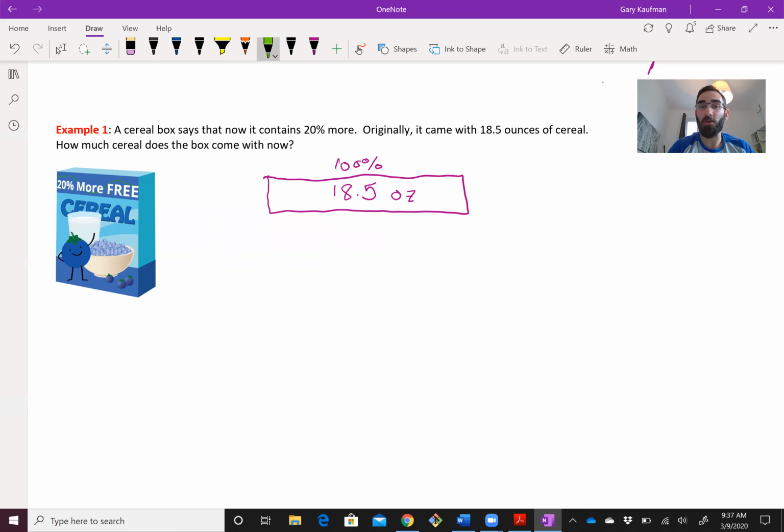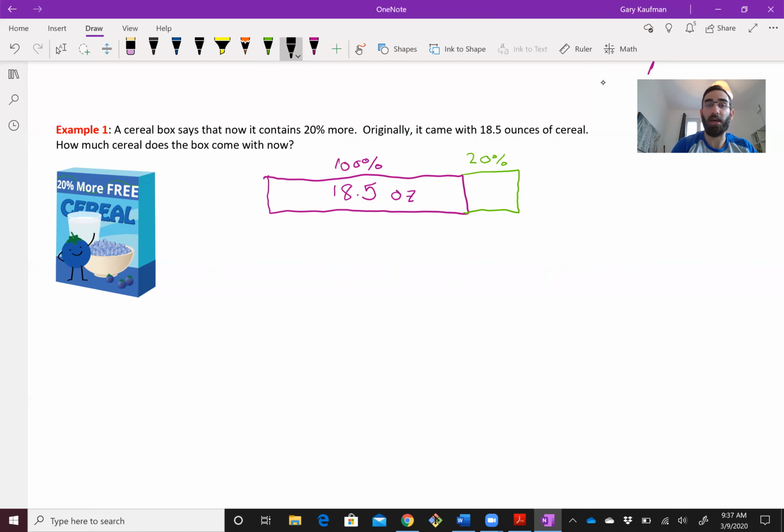Now, I'm then going to increase it because it says 20% more. So 20% more. And I'm going to think to myself, well, what's 20%? Well, that's 1/5. So there's different ways about going about this, but we can use a ratio.